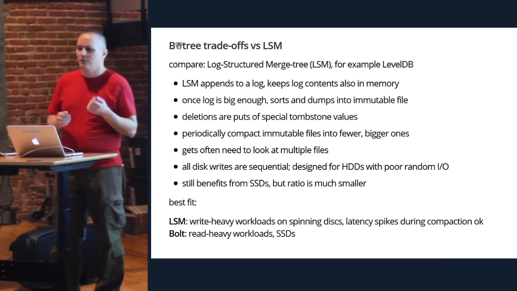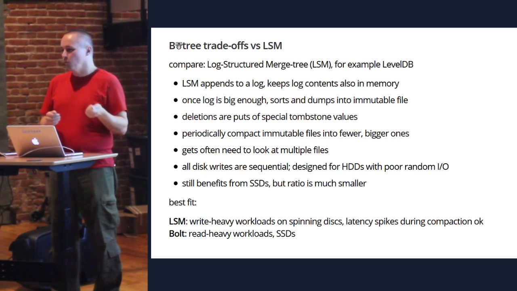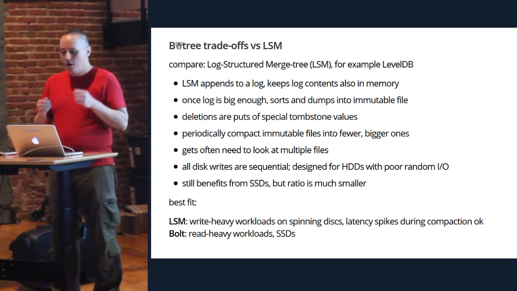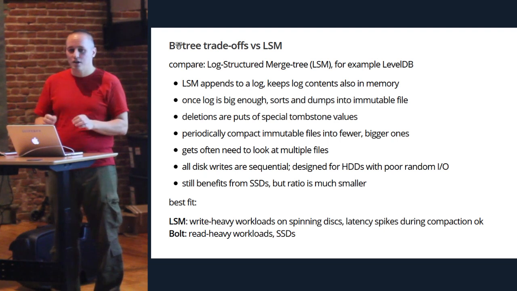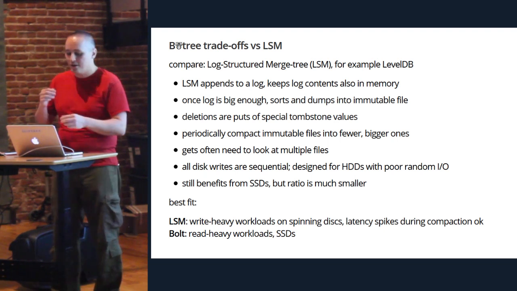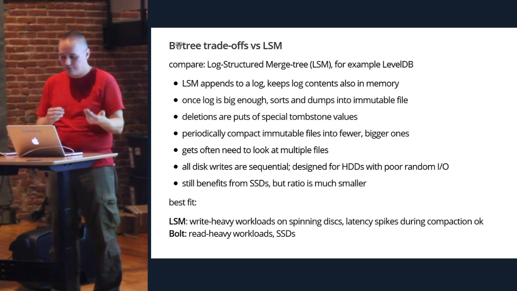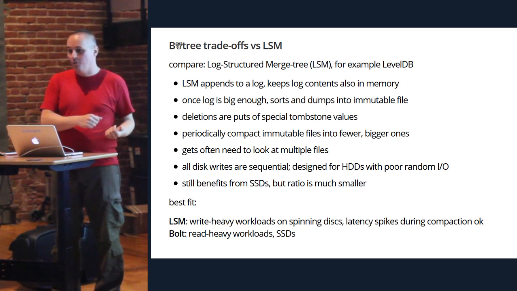B trees tend to have a lot of random accesses, which, while they still hurt with SSDs, they hurt significantly less. So Bolt is really good when running on SSDs, and in general, the design is flipped all the way up, the other way around. Whereas a log-structured merge tree like LevelDB is write-heavy and reads are actually slower than writes, Bolt is the exact opposite.